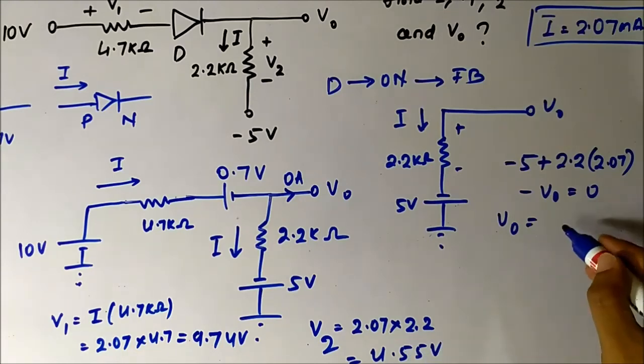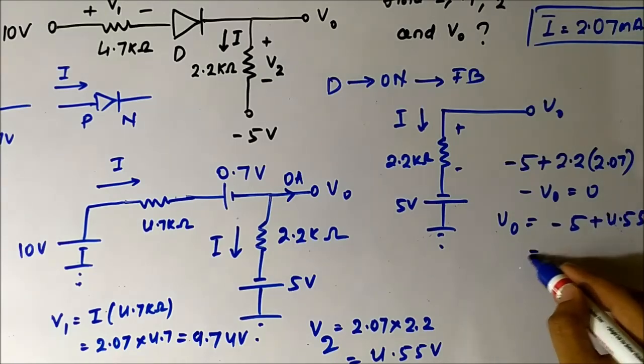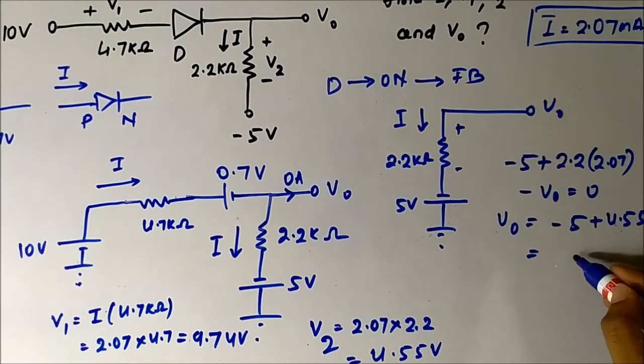It is coming minus 5 plus 4.55, which will be coming minus 0.45 volt.